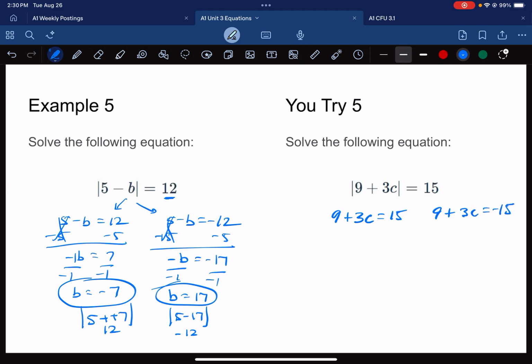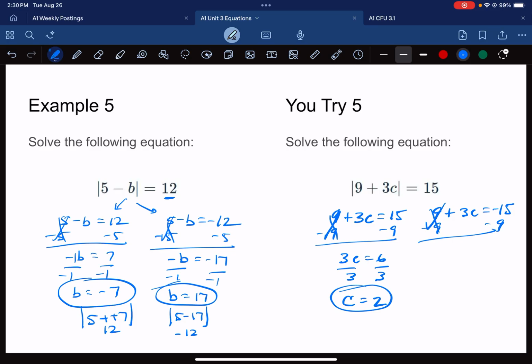So I'm solving those two by subtracting 9 and dividing by 3, and I get 2. And then I'm going to subtract 9 again on this one, and I get -24 divided by 3 makes -8.